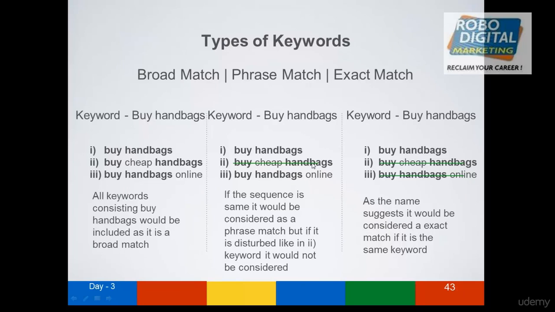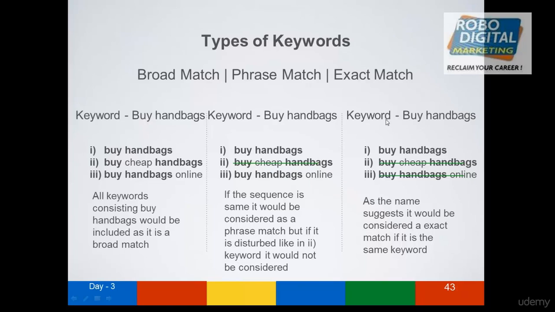Clear? Got it or not? If the sequence is the same, it will be considered a phrase match, but if it's disturbed, as the phrase was disturbed by the term cheap in the second case, it won't be.